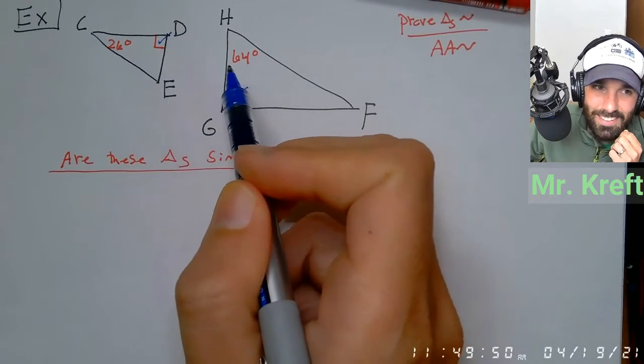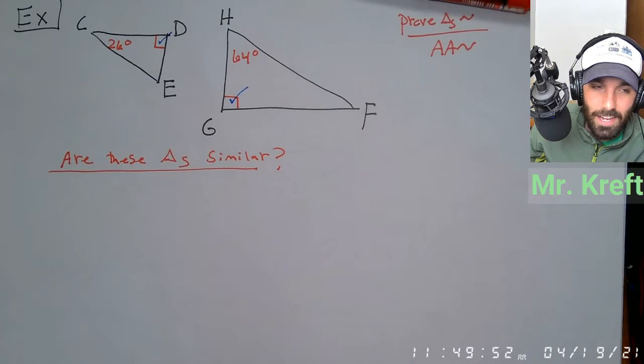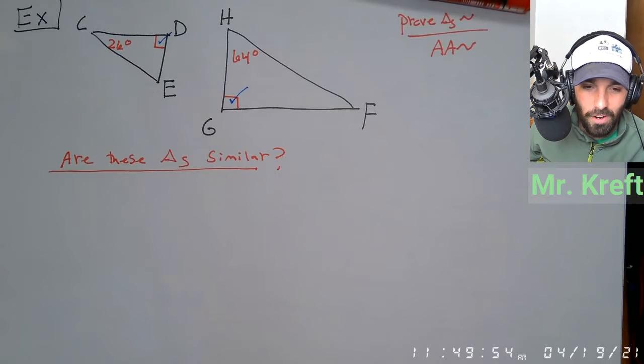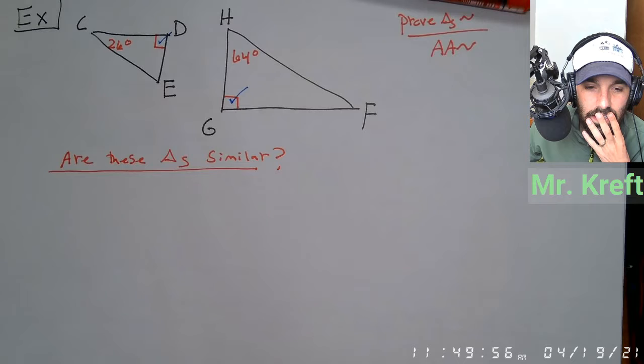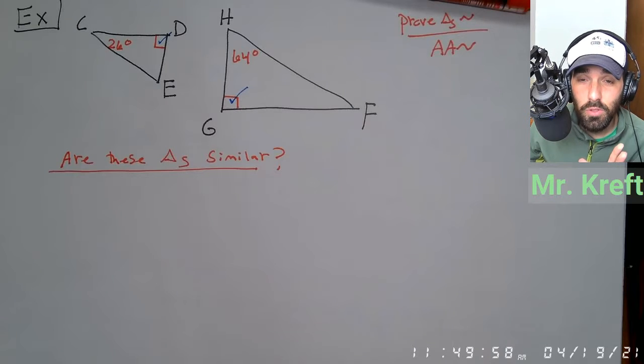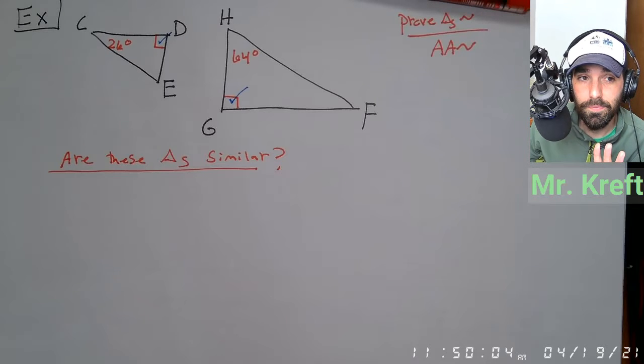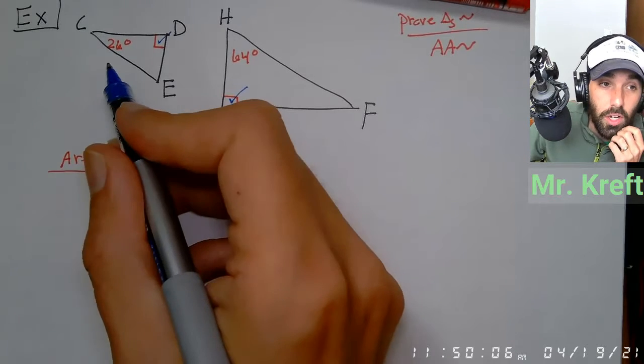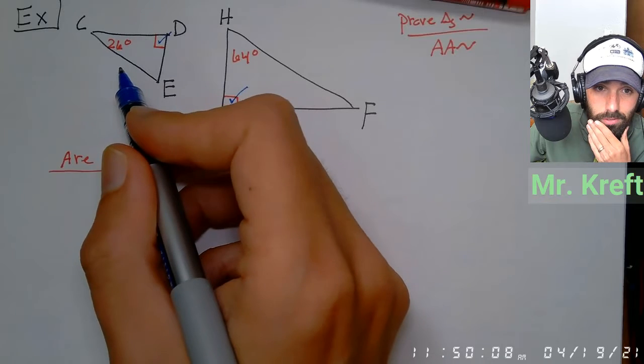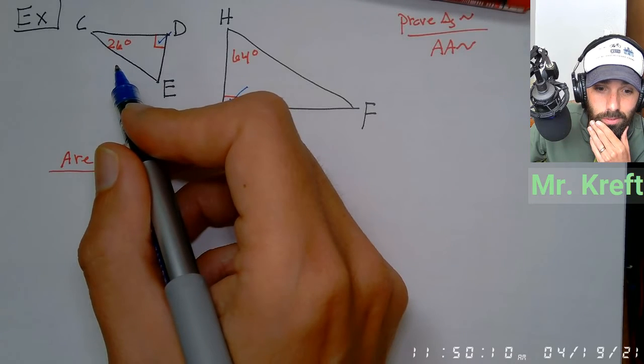But 26 and 64 aren't the same, right? 26 and 64 aren't the same angle, okay? Now, a lot of you are going to be really quick to write this off and be like, they're not similar. But you need to slow down, okay? What do we know about angles in a triangle?